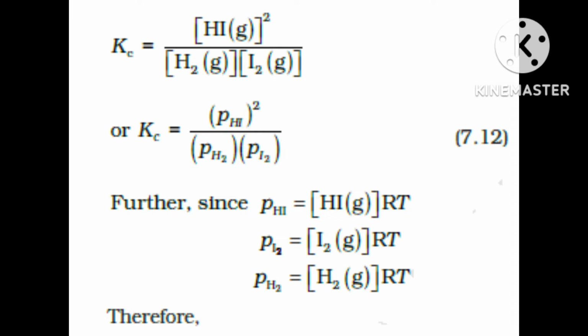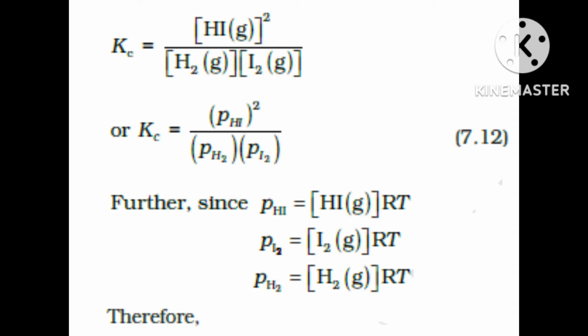Pressure of all three, we can write PHI, with a capital P and HI as a subscript, PH2, PI2, like that way you should write.